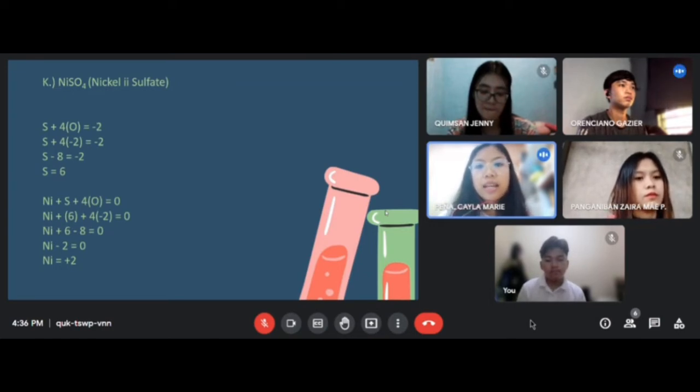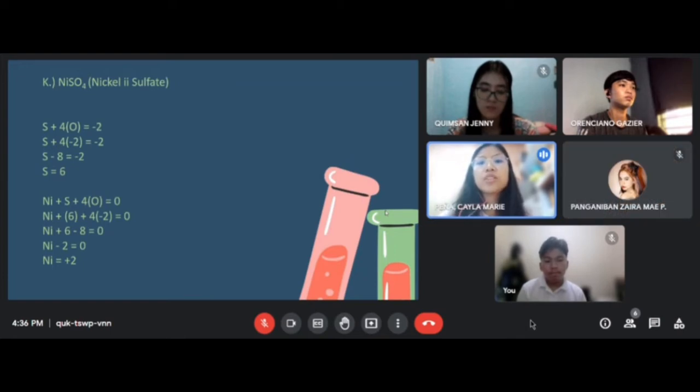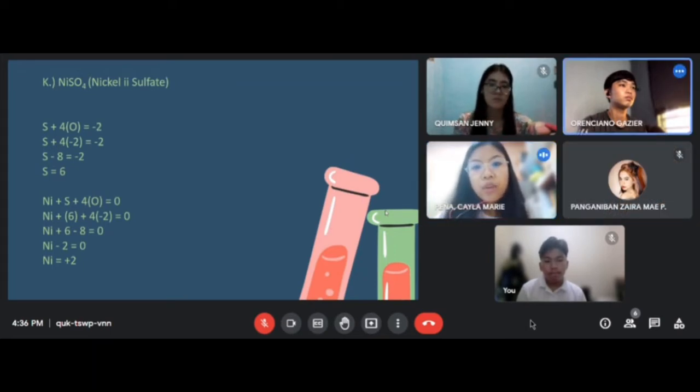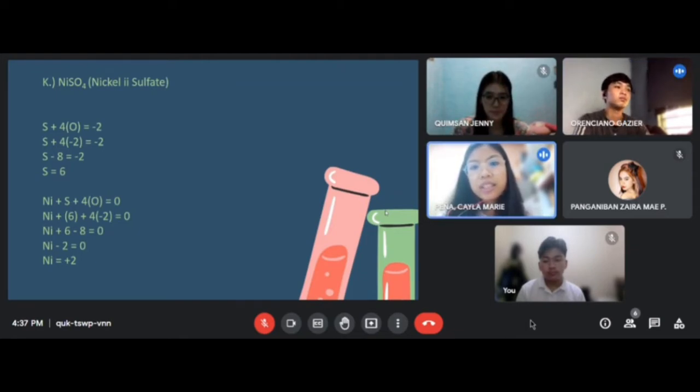So meron tayong S equals +6. Since given na yung +6 tsaka -2, substitute na lang natin siya sa oxidation number ng sulfur and oxygen. Now we have nickel plus S plus 4 times oxygen equals 0. Then Ni plus 6 plus 4 times -2 is equal to 0. Then nickel plus 6 minus 8 is equal to 0. Then nickel minus 2 equals 0. Then transpose lang, nickel is equal to +2.